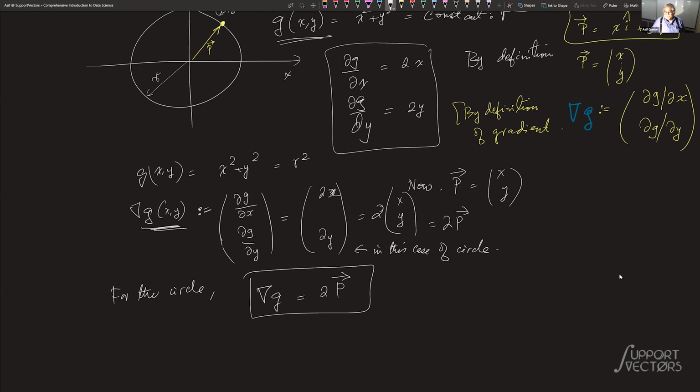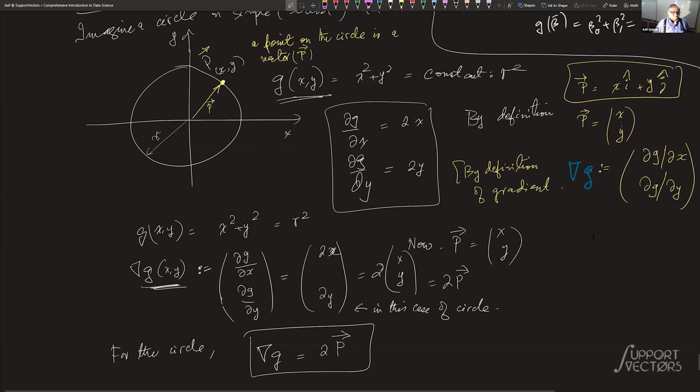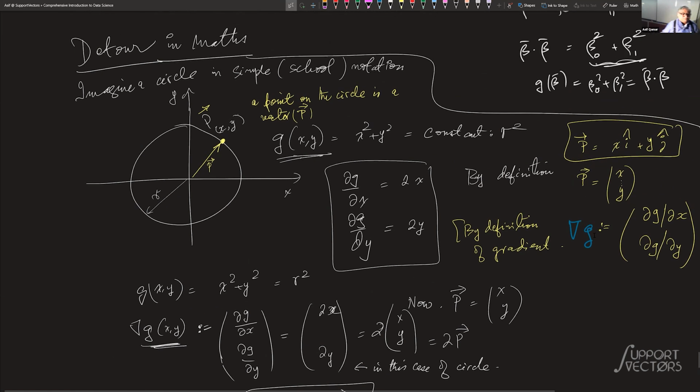Let me show what it means geometrically. If the P vector is this, therefore, what is the vector for grad G? G is essentially the same vector at twice the length.